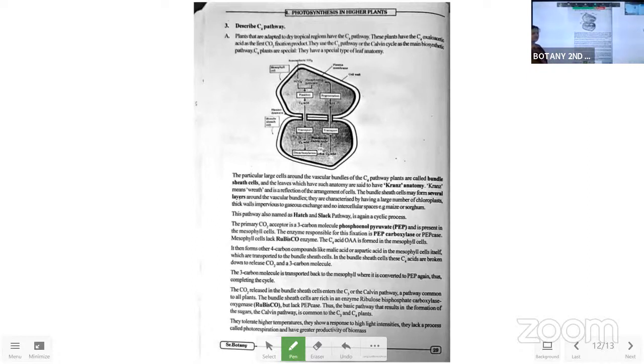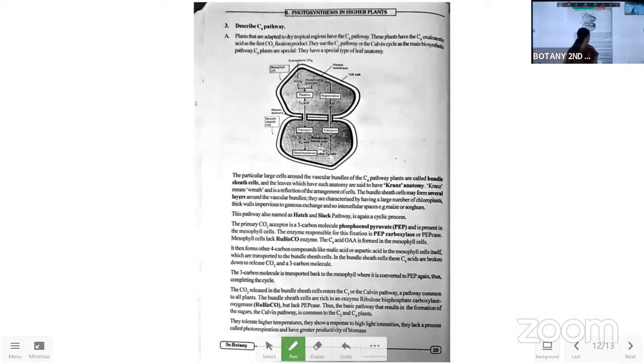In the C4 cycle, the C3 cycle occurs in the bundle sheath cells, where the bigger chloroplasts are there, where the RuBP is present and the Rubisco enzyme is abundant, so that the C3 cycle can start in the bundle sheath cells of these plants. That's what we need to say and wind up. That is the C4 cycle.